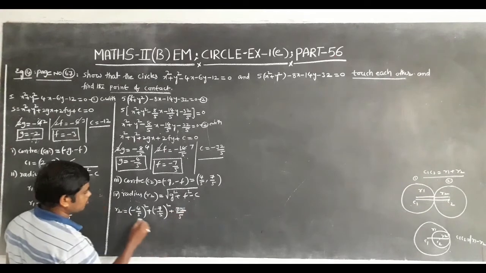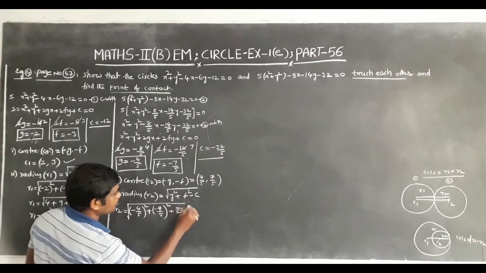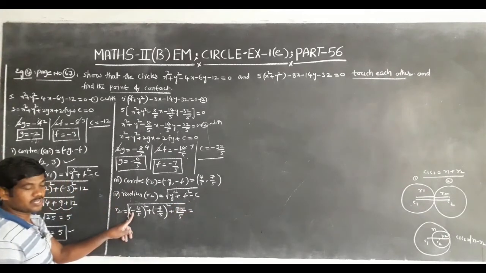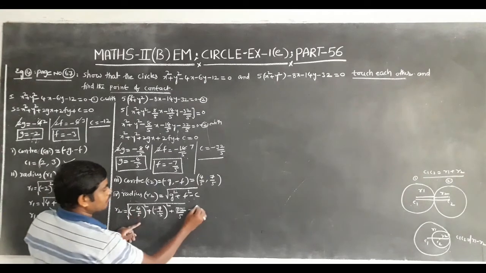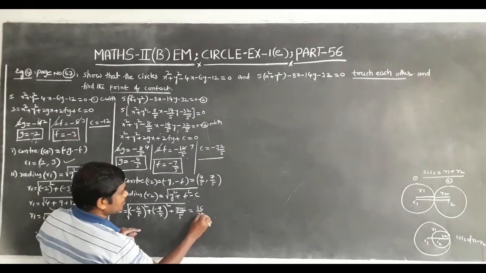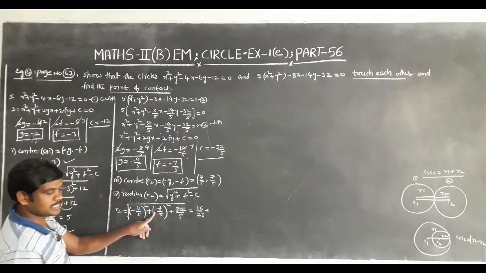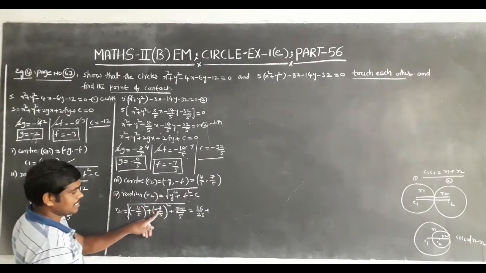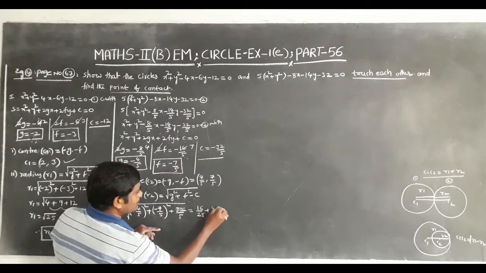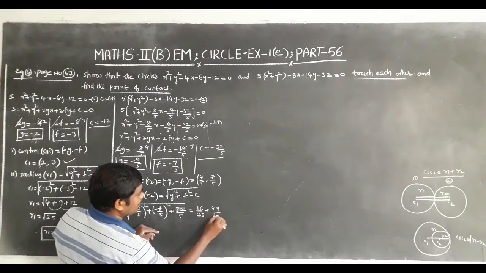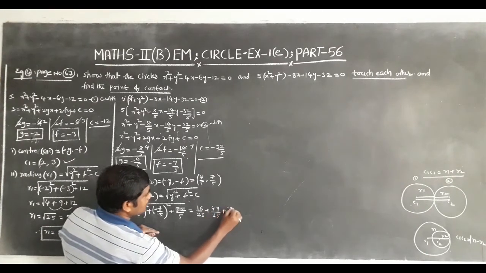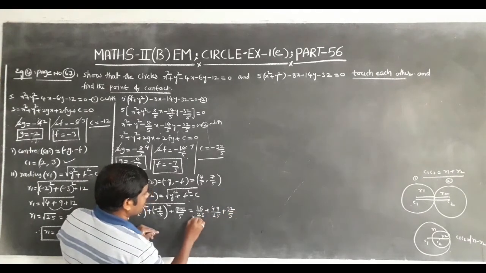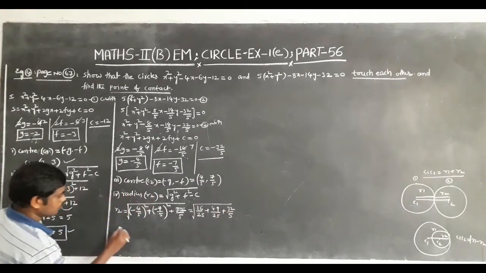Minus 4 by 5 whole square means 16 by 25, plus minus 7 by 5 whole square means 49 by 25, plus 32 by 5.